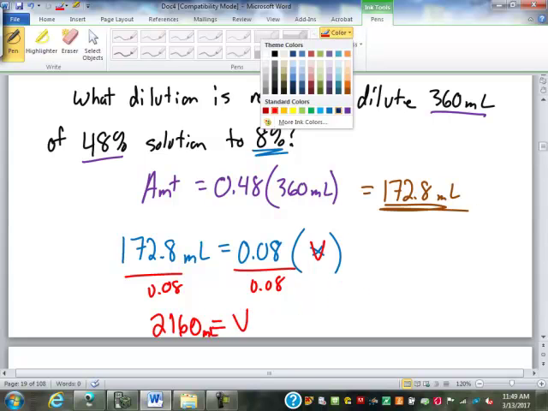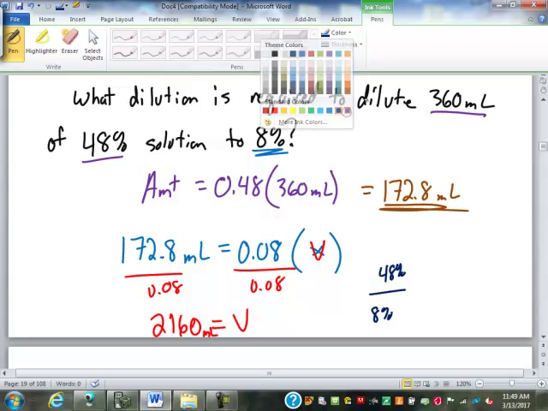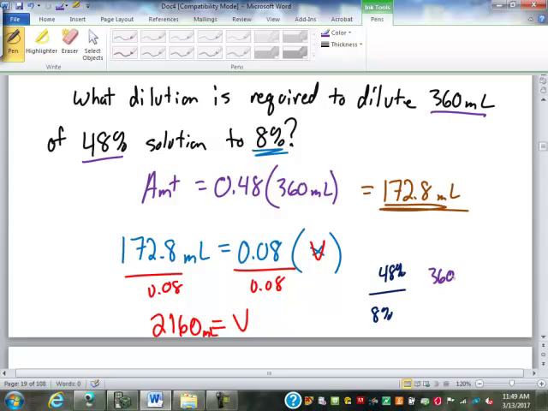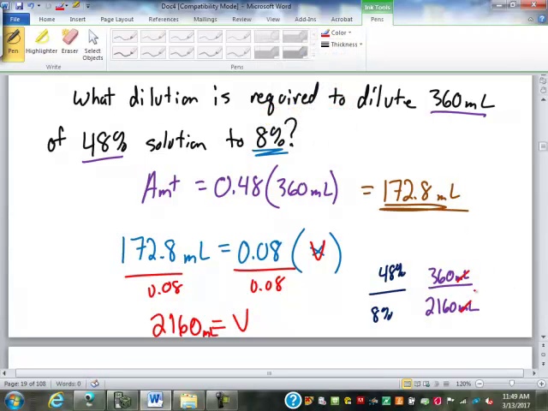So the dilution necessary, remember that dilution is the concentrate, the 48%, over the volume of the 8%, the total solution. So we're going to have 360 milliliters on top over the 2,160 milliliters. Milliliters divide out.